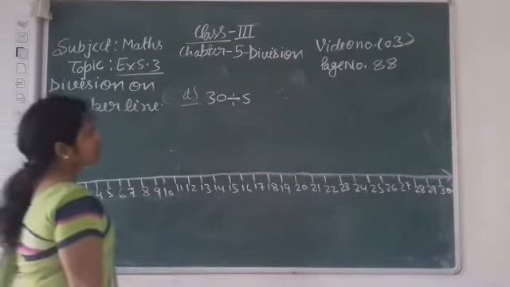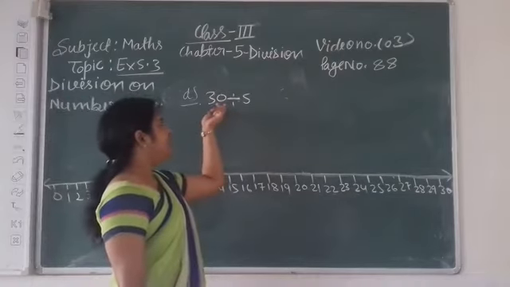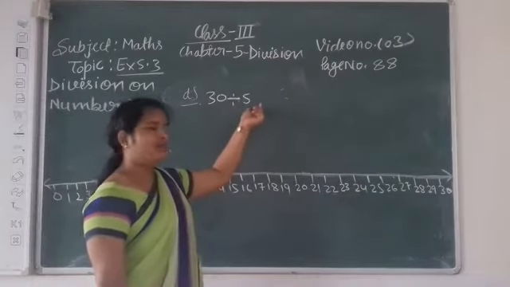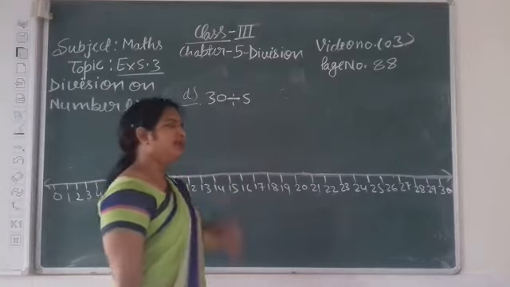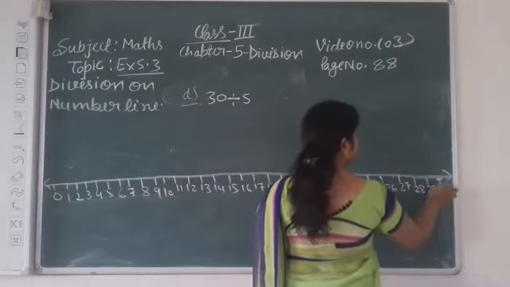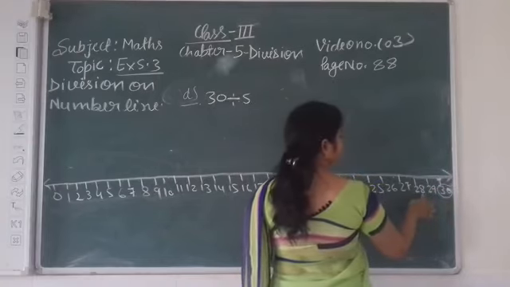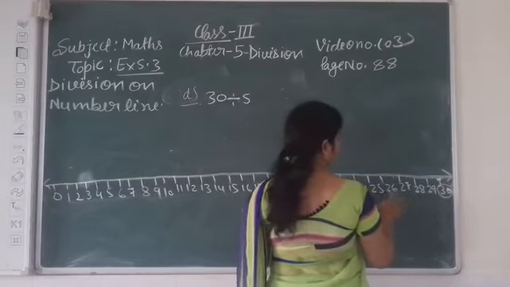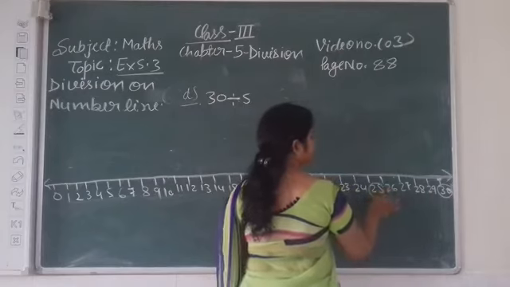Then we start from 30 and we'll take jumps of 5, means the size of jump will be 5. So from 30, after 1, 2, 3, 4, 5, 25.